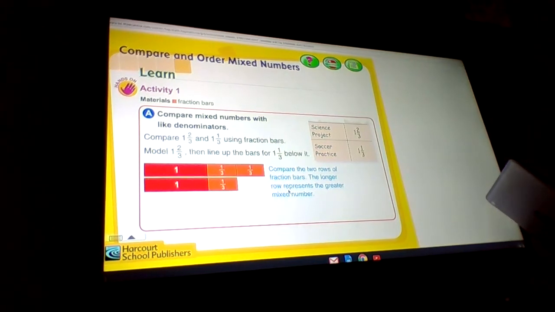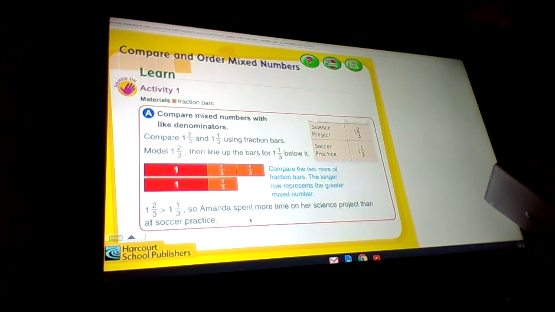So we can compare the two rows of fraction bars. The longer row represents the greater mixed number. Well, we can easy squeezy see 1 2/3 is bigger, right? Look at how they wrote it. 1 2/3 is greater than 1 1/3. So Amanda spent more time on her science project than at soccer practice. Sweet.